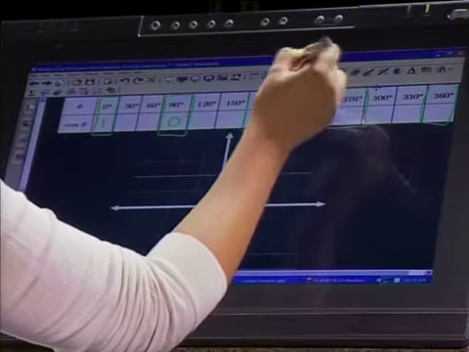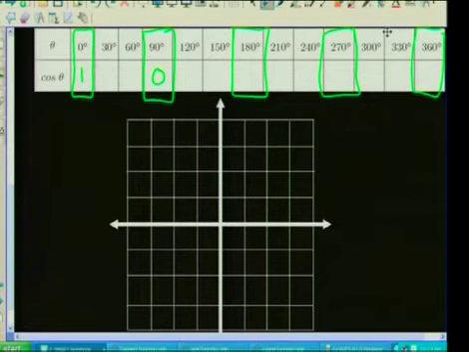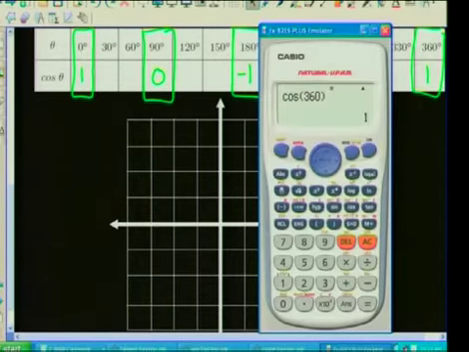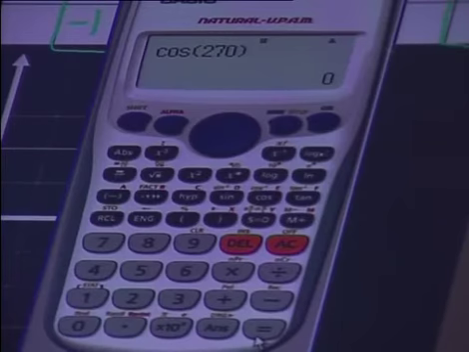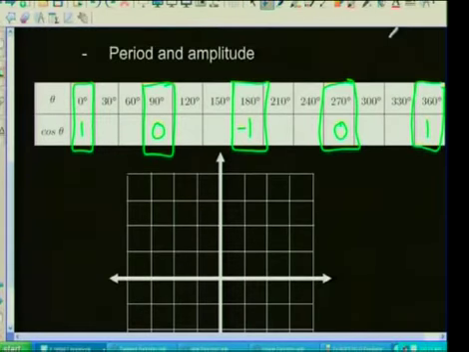So let's fill that in and go and draw this graph so that we can see what our standard looks like. So this we know is -1, and we know this is 1. And I forgot to have a look at 270. So let's do that together. Cos of 270. Make sure that you have gotten the same values at home, which gives us a value of 0. Okay, so we're going to go in intervals of half.